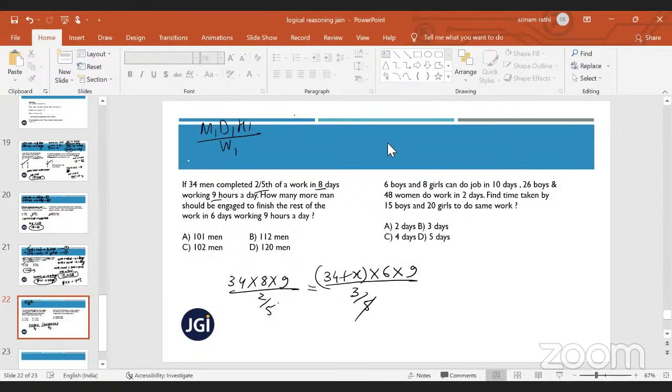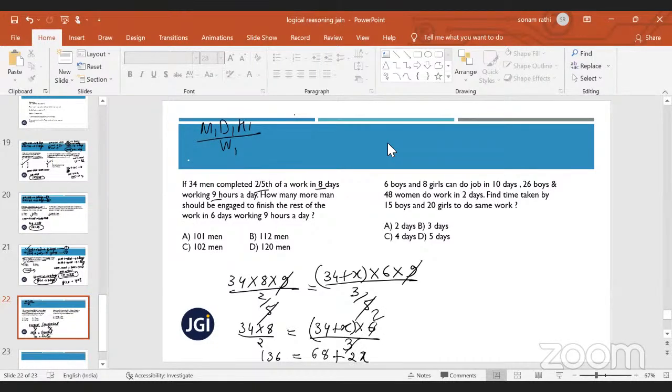I'll just cancel only this much. So 34 into 8 by 2 is equals to 34 plus X into 6 by 3. 34 into 8 divided by 2 is 136. 136 is equals to 34 into 2, 68 plus 2x. Still, I'm getting the same thing.